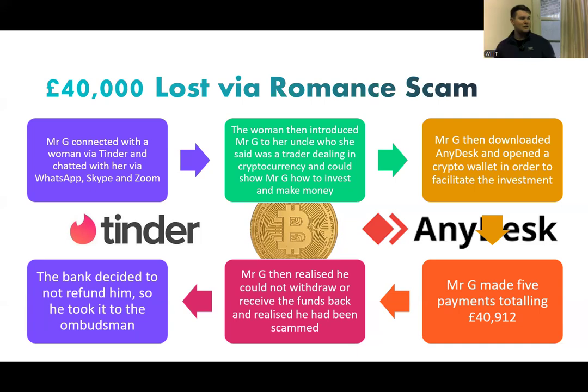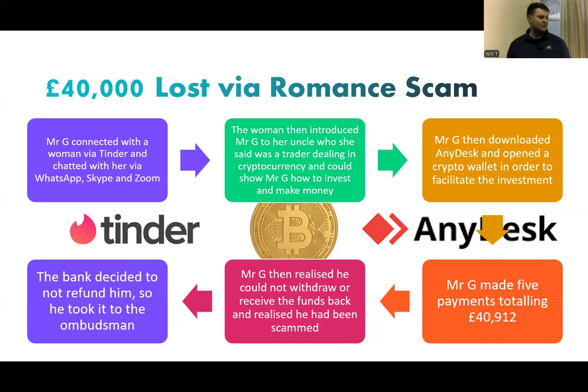Mr. G was tricked into downloading AnyDesk, and whenever that happens, it's kind of all downhill from there. They got him to open up a crypto wallet to begin the investment, and then he made 5 payments totaling £40,000, converted it to cryptocurrency, and then transferred it to this investment platform.